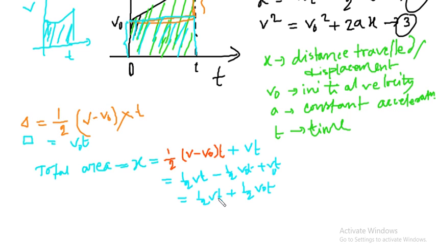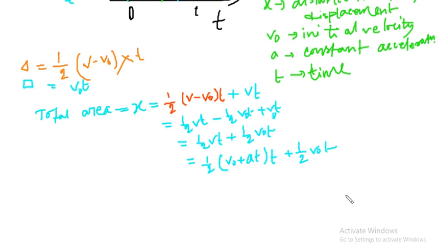I'll put the value of v here. So we get half (v0 plus at) into t plus half v0t.